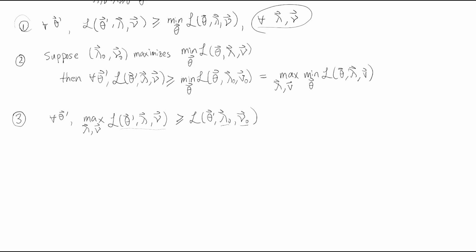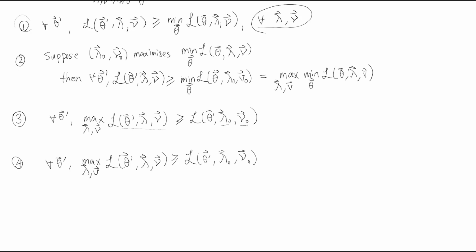So putting everything together, we have number 4. We're going to start with number 3. For all theta prime, we have max over lambda, nu, of L of theta prime, lambda, nu, which is greater than or equal to L of theta prime, lambda 0, nu 0. So that's observation number 3.